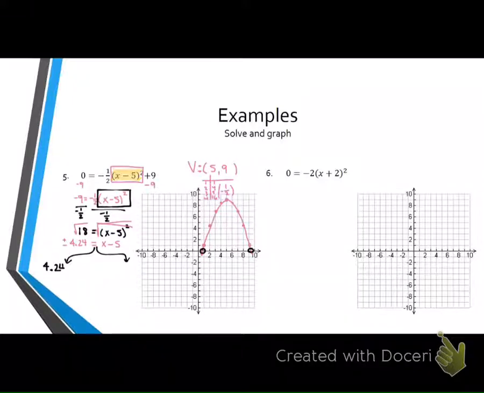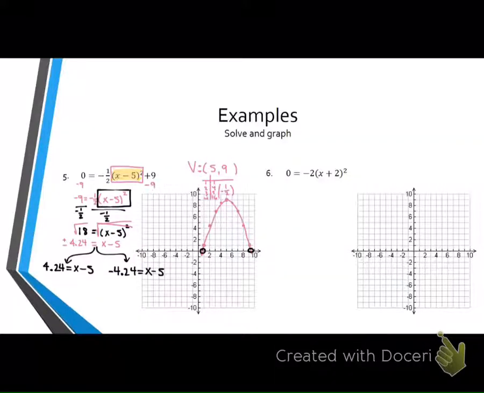So we have positive 4.24 equals x minus 5, and negative 4.24 equals x minus 5. I think I said x minus 1 the first time. Yeah, you did. This is good that we have 2 different equations because we know it should be crossing at 2 different points. If we solve this, we add 5.